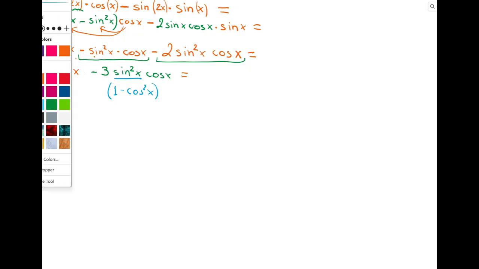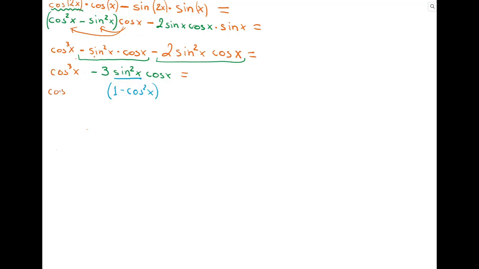Okay, so I have cosine cubed x minus 3 times that sine squared x, which I rewrote, times cosine x. And now we're going to simplify here. So I'm going to distribute this 3 and actually even this cosine.